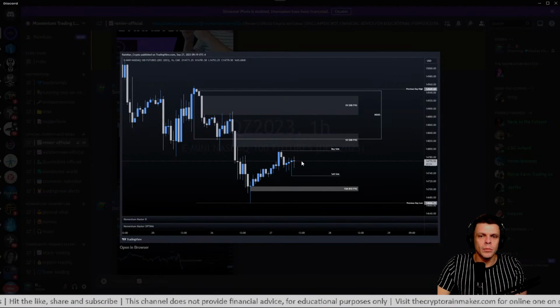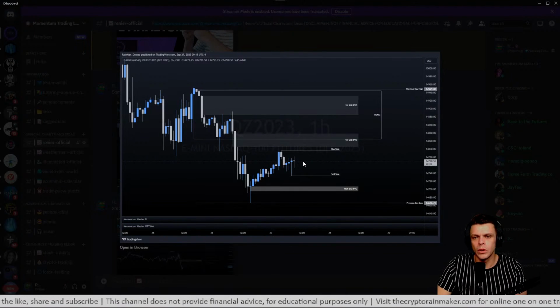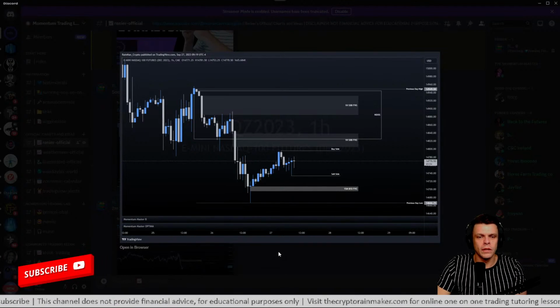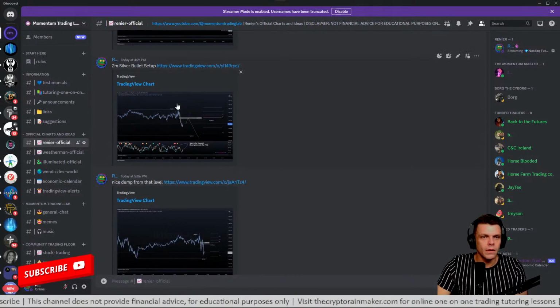But it seemed like, because the draw on liquidity was to the downside, and we'll look at the weekly chart for that in a moment, I was basically anticipating at the open a move into the buy side liquidity and potentially into this fair value gap, and then a move to the downside.